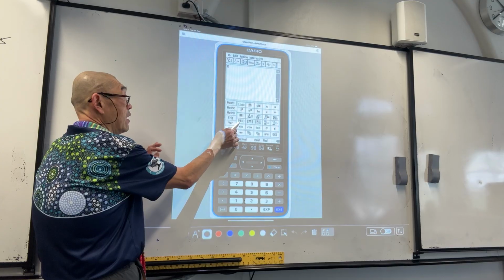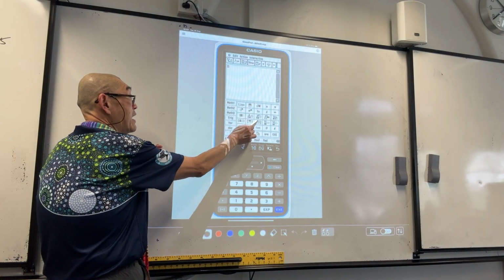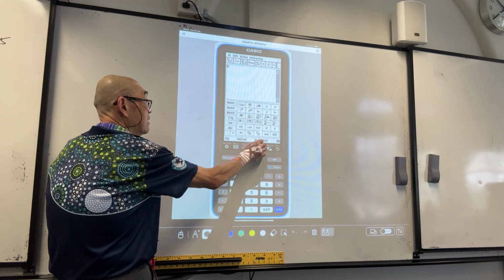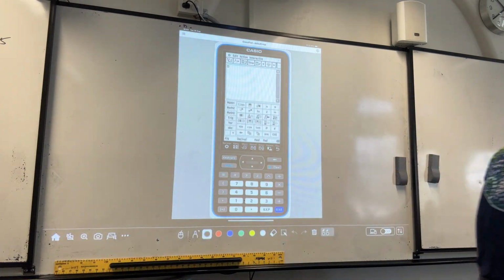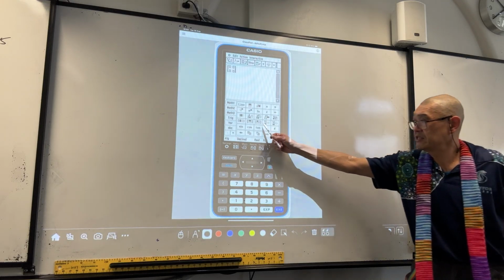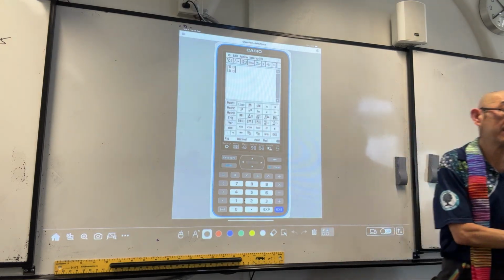This column, row, this will give you just an additional element. So if you want a 2 by 2 matrix, I can just tap on this one, that'll give me 2 by 2 straight away.